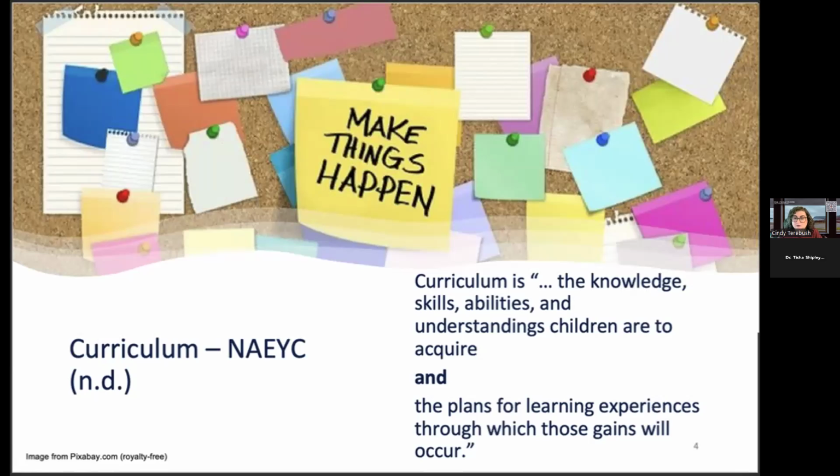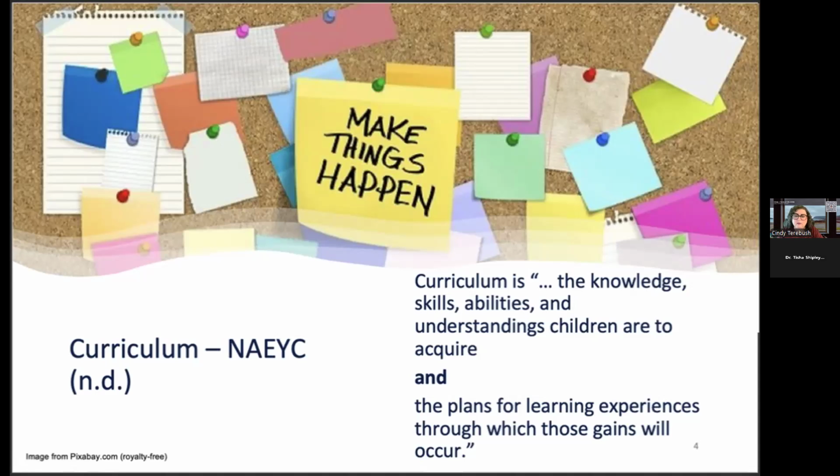The definition of curriculum has basically two parts, before the "and" and after the "and." So let's think about before the "and." Before the "and," the definition says the knowledge, skills, abilities, and understandings children are to acquire, which means the curriculum needs to include the goals for our teaching. You might call them the standards, the objectives, the goals.